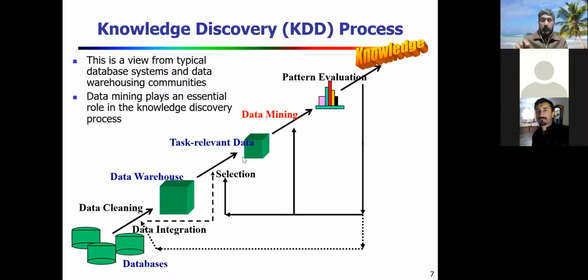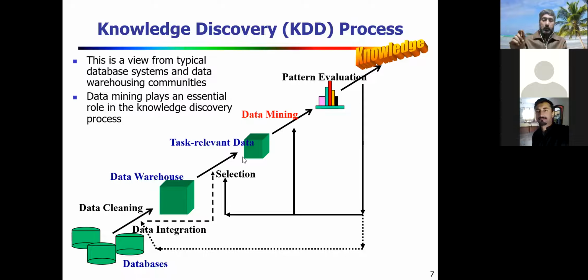So iterative. The second important keyword that you need to take away from this is that it is interactive. Yes, we do have automatic techniques for extracting information, and we also have measures that can be implemented to automatically verify or evaluate the patterns. But at the end of the day, there is some business analyst, some decision maker who needs to make the final decision.